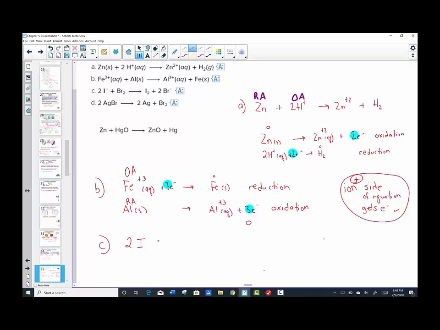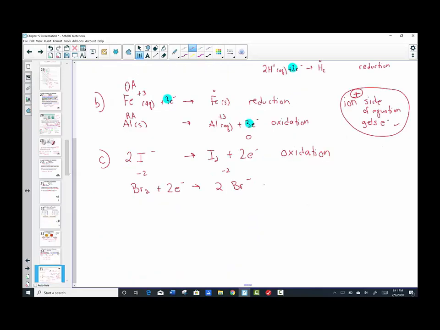Let's redo this. 2 iodide go to iodine. This right here balances both sides to be -2. That's the correct balance. Now, both sides have the same charge. That's a balanced equation. This now is oxidation. And the next one was the bromine, the Br2, went to 2 Br negative. Well, that means it had to be 2 electrons on this side to create a balanced charge.